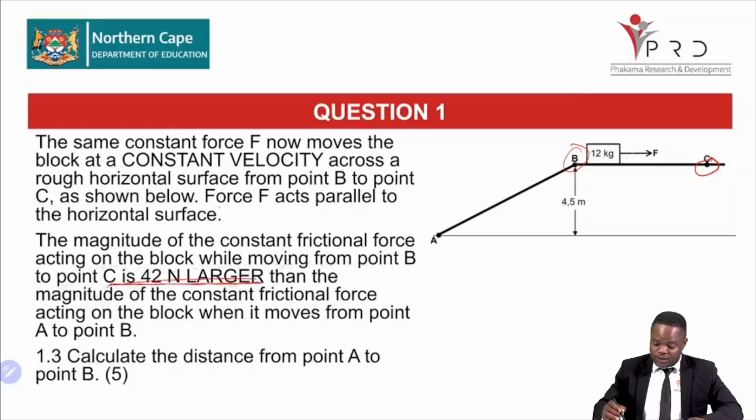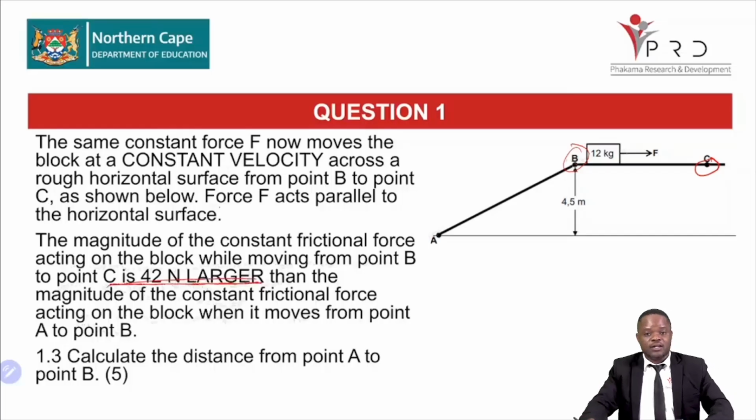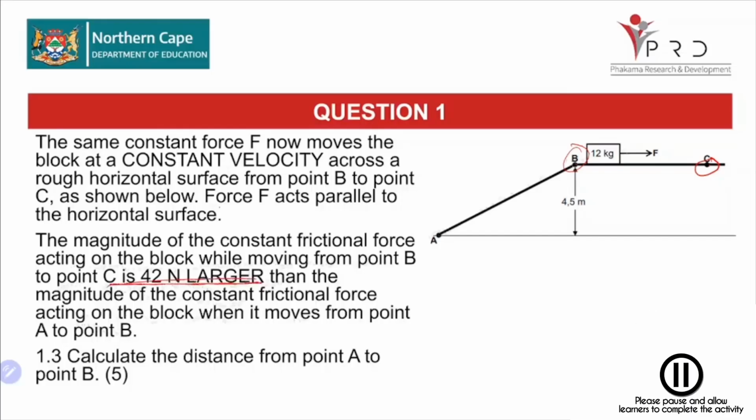So the frictional force now is 42 newtons larger, okay, than the magnitude of the constant frictional force acting on the block when it moves from point A to point B. Quite interesting. Calculate the distance from point A to point B. 5 marks. Okay, so for this part, I'm going to give you 5 minutes.